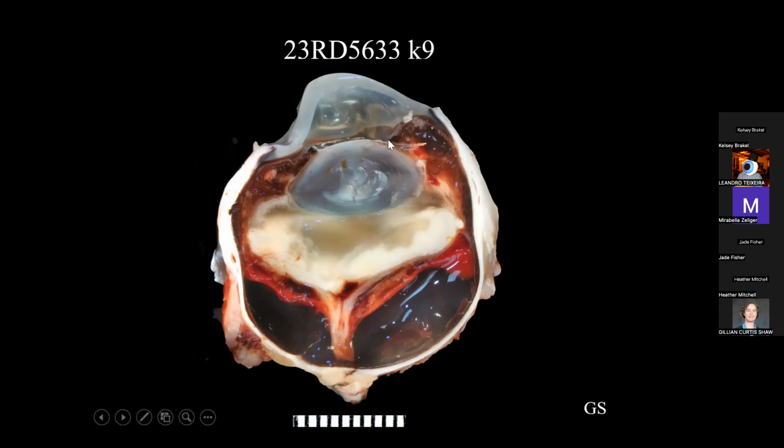Maybe a little bit hard to tell, but I will tell you that the iris leaflets are firmly adhered to the front of the lens capsule. So we have some nice posterior synechia there as well. So I think that's mostly what we can see on the gross level. The cornea itself is actually pretty unremarkable at the gross level.